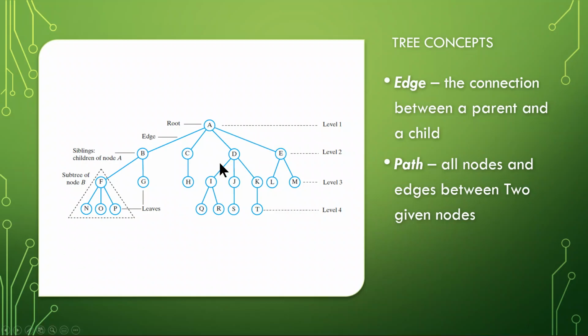But now here there are multiple different ways, like there's one specific way that we can get down to a certain point. So as an example, for the path between P and A, you'd have A to B to F to P. So P, F, B, A are all in there, and this edge and this edge are all of the path from here down to here.